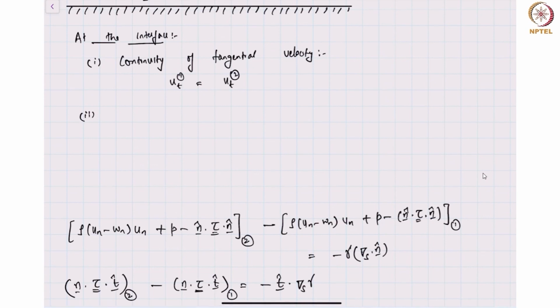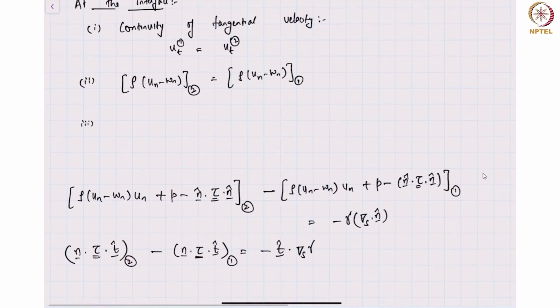The normal velocity on both sides is also related. So you have density 2 times un minus wn for 2 is equal to density 1 times un minus wn for 1, where wn basically is the velocity of the interface.